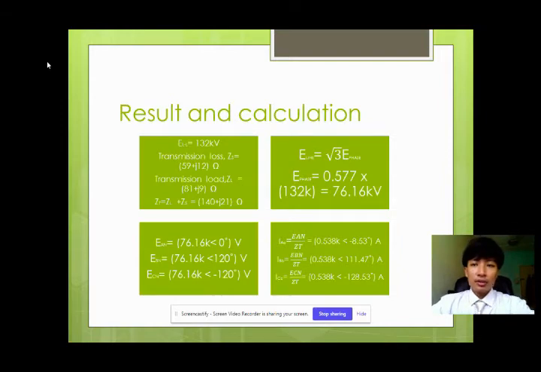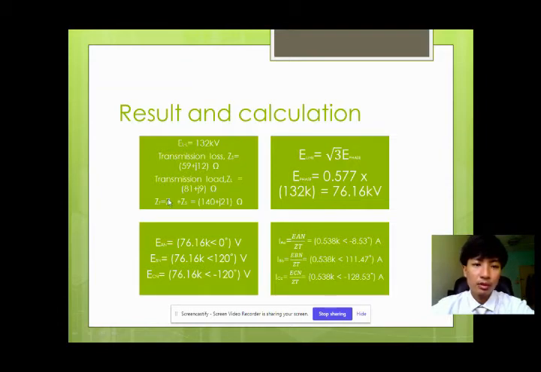So for the results and discussion, this is the E line to line that I get, which is 132 kilovolt. The transmission impedance is 59 plus j12, and the load impedance is 81 plus j9.